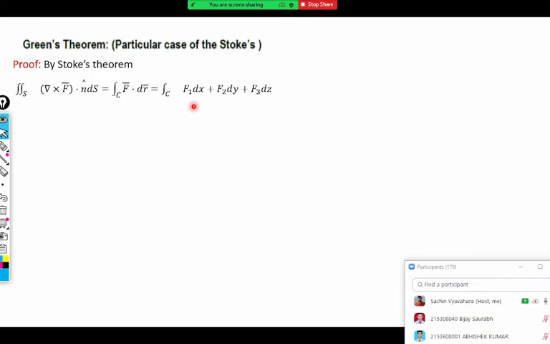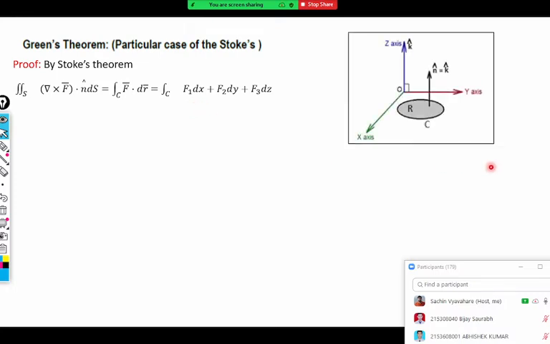Now suppose the surface is the region R here, that is in the xy plane. So that region is a plane region in the xy plane. If the region is in the xy plane, what about n cap? N cap is along the z axis, so n cap is k cap. So we take n cap equal to k.